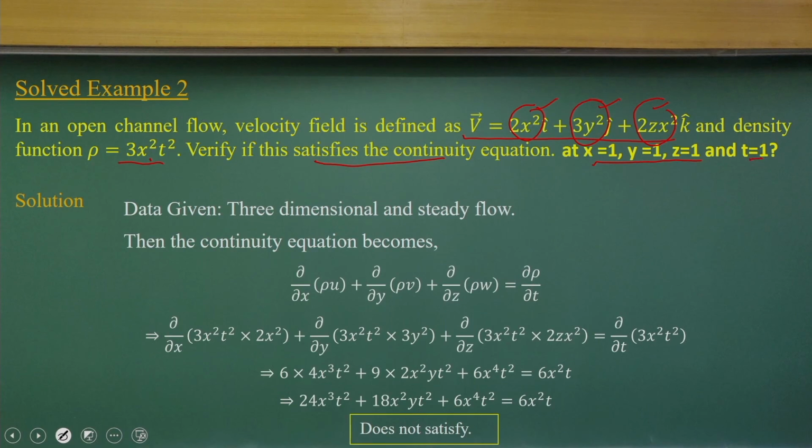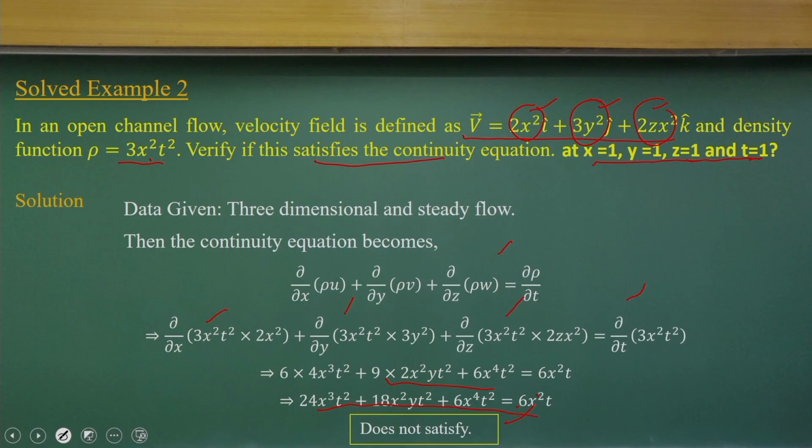We use the continuity equation, take the partial derivatives, and substitute x, y, z, t. We found that it does not satisfy the basic equation for x equal to y equal to z equal to 1.